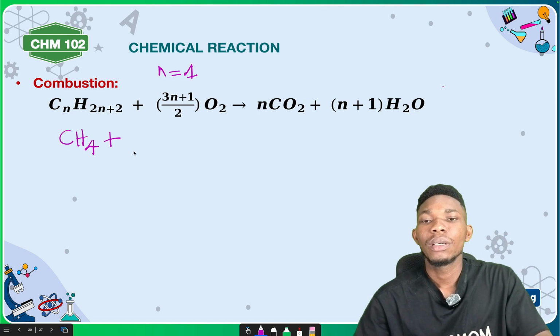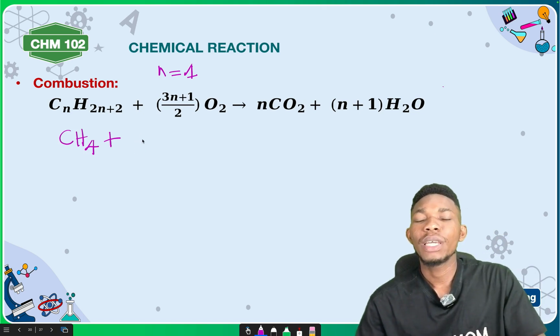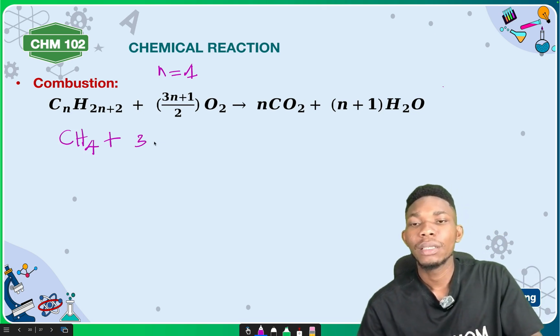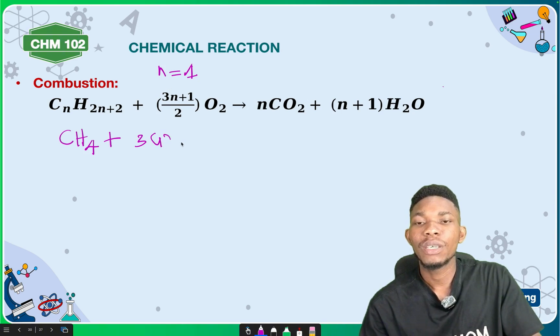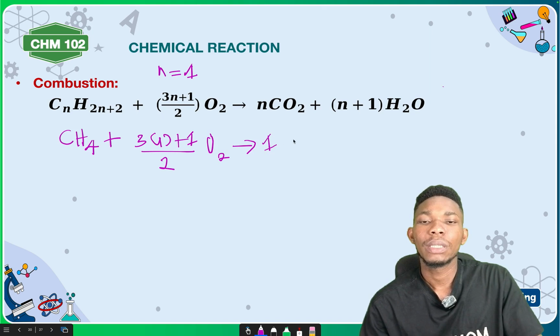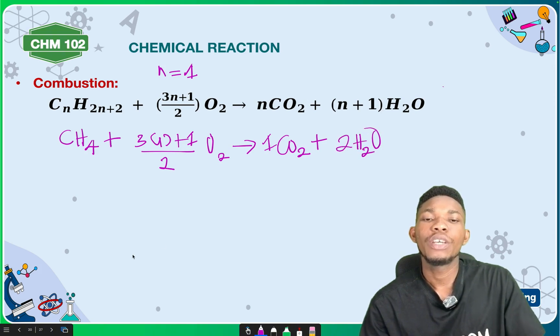So if our n is equal to 1, you are now going to have plus 3(1 + 1) divided by 2 O2 to give us 1 CO2 plus 1 plus 1, which is how many? 2 H2O.